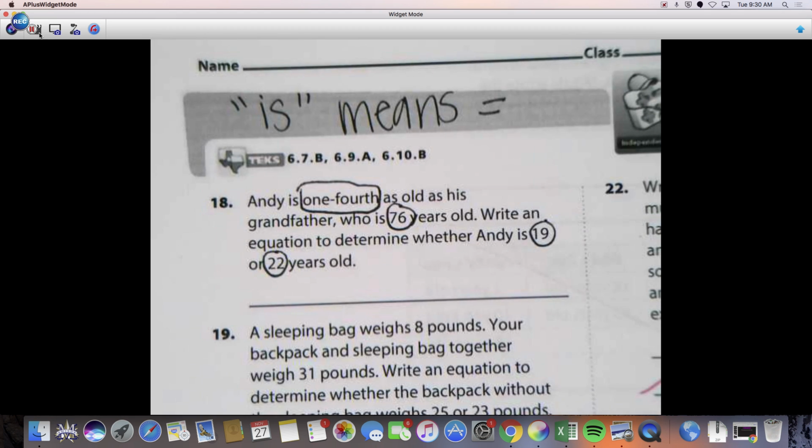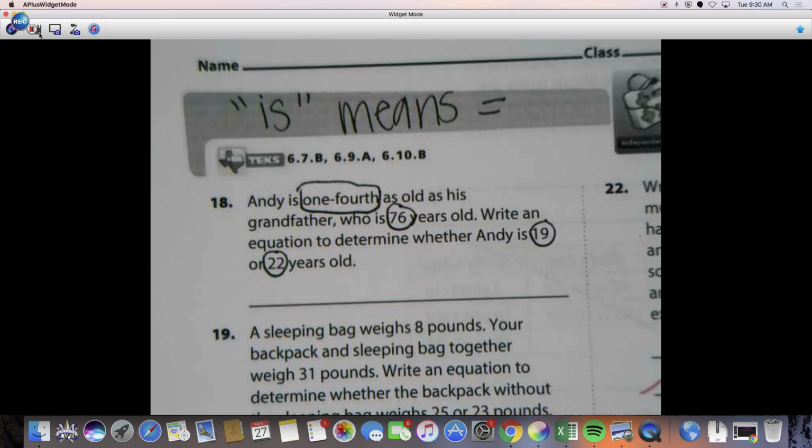But I see a key word that tells me where to put that 76. Raise your hand if you see it. Raise your hand if you see the key word in that problem that tells me what I should do with that 76. And if you're confused, look up to the gray box right above the problem.